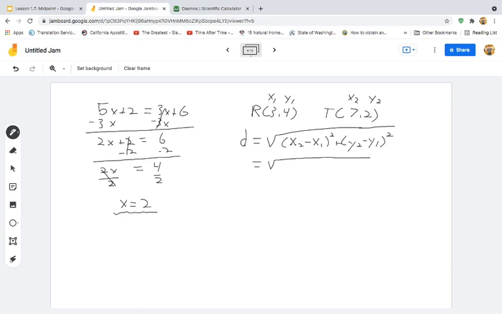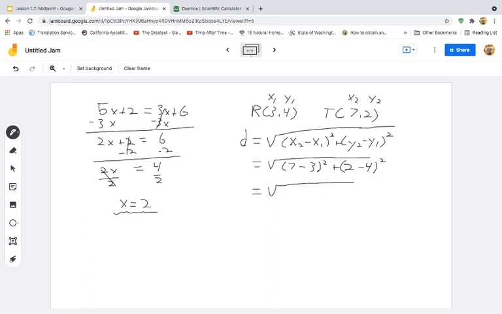So we'll start with x2. x2 is 7. So we'll do 7 minus x1, which is 3, all squared, plus y2 is 2, minus y1, which is 4, and then all squared.